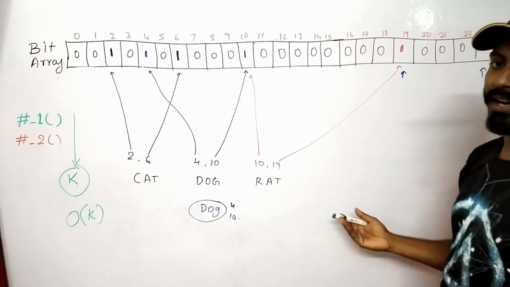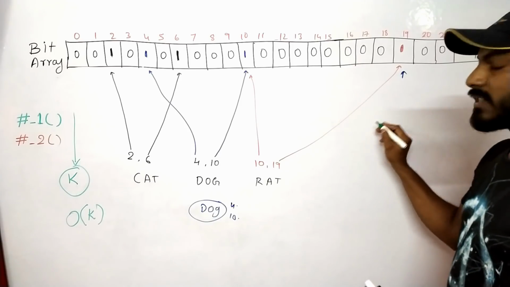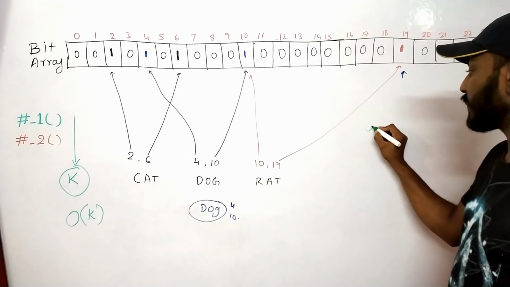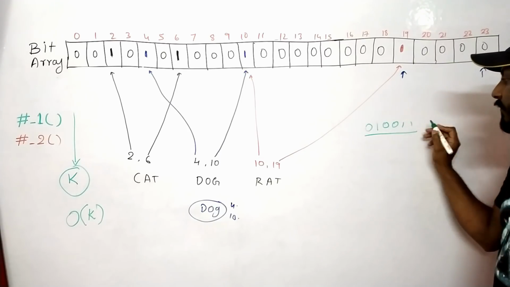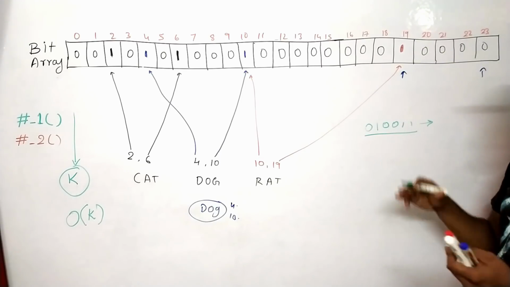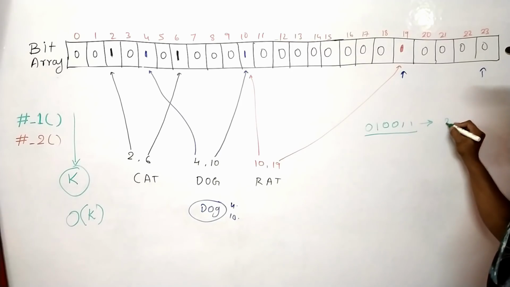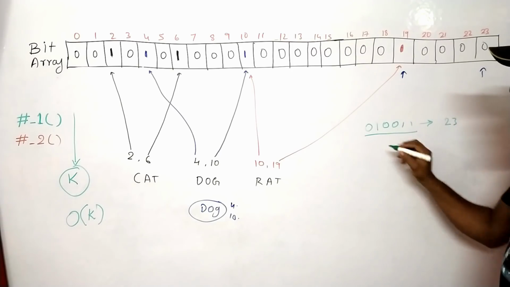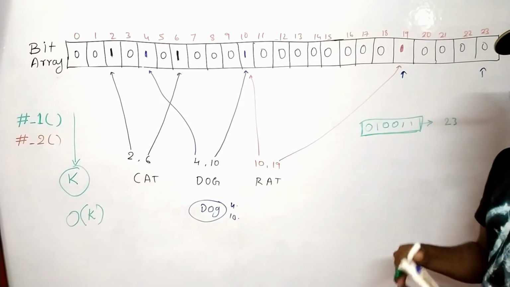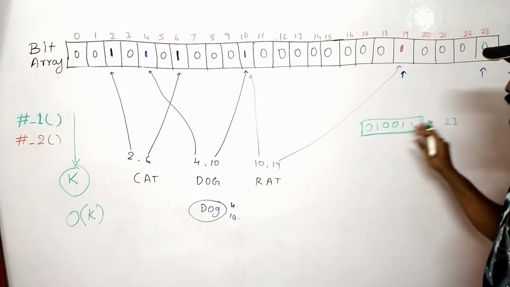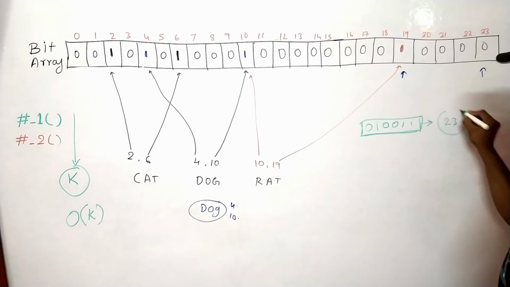Instead of taking a bit array, you can take a bit representation like 0, 1, 0, 0, 1, 1. And when you convert this into base 10, you will get, say, 23 or something like that. So you can take the binary representation of the data structure in whatever language and then convert that into an integer and you get this output.